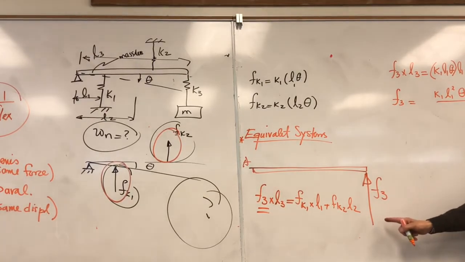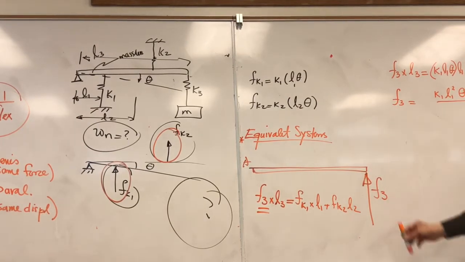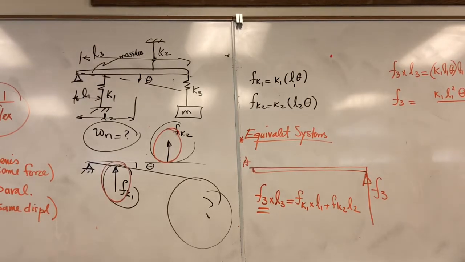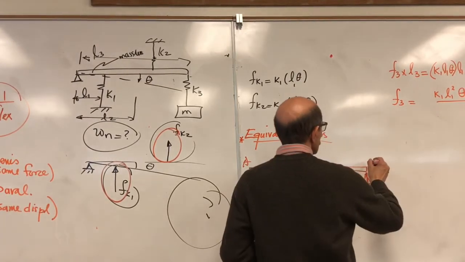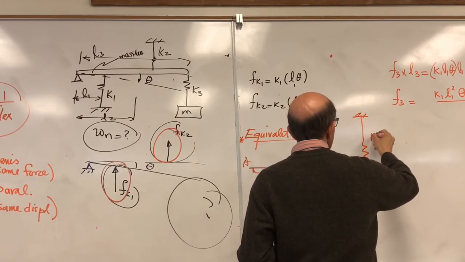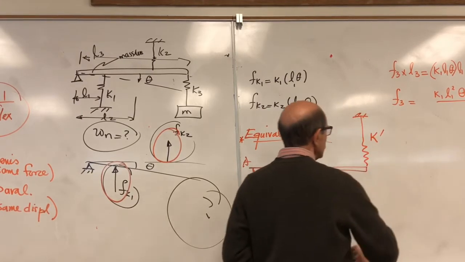But let's assume this F3, since it is moving in this direction, where the direction of motion is a linear motion, is the result of a spring, which I call K prime, that has resulted in that force.